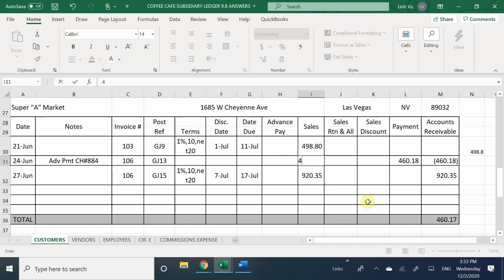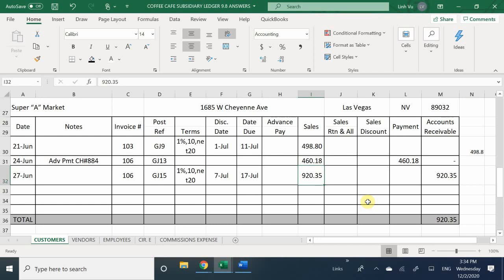Exactly. So here I recognize, well, I technically will potentially have the $460 worth of sales. Potentially. And they advance paid it already. So that means I owe them $460.18 worth of sales.